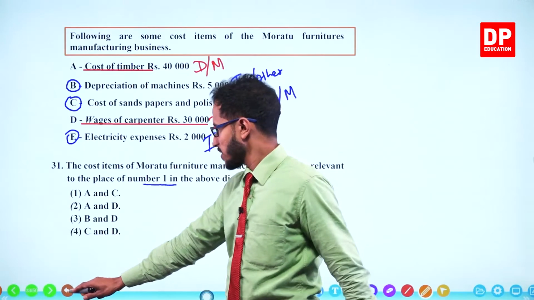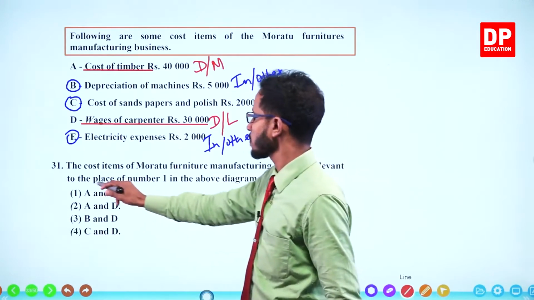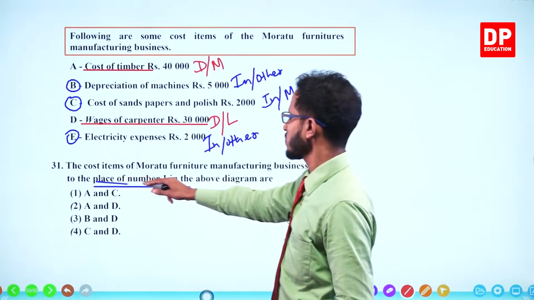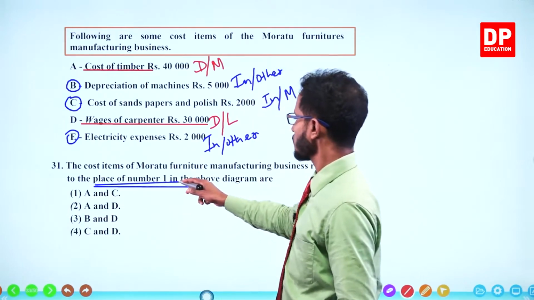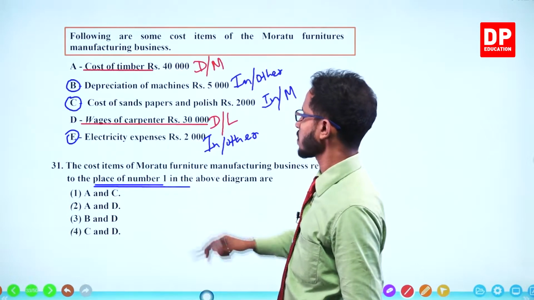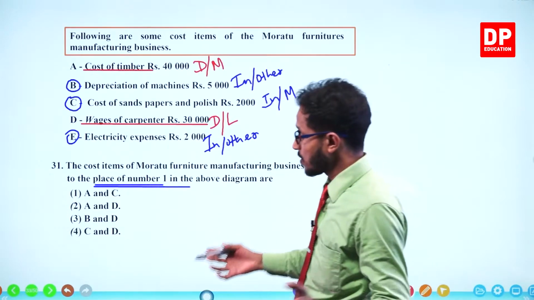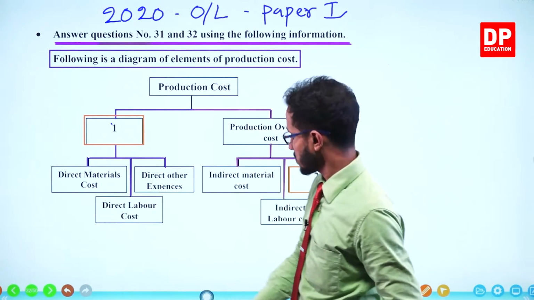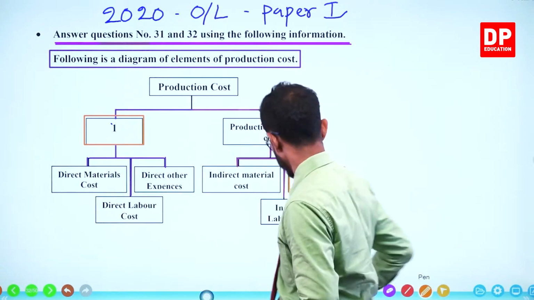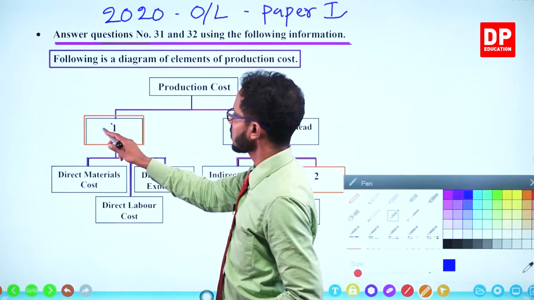We know where place number 1 is. This is the number 1 blank.